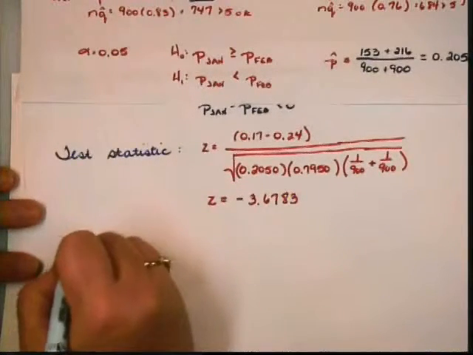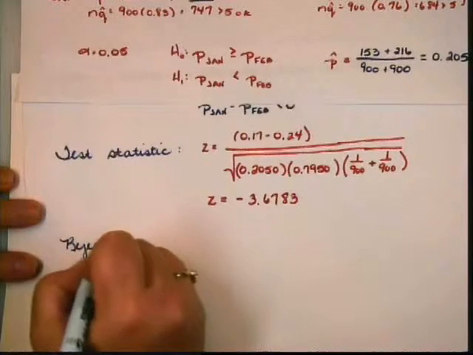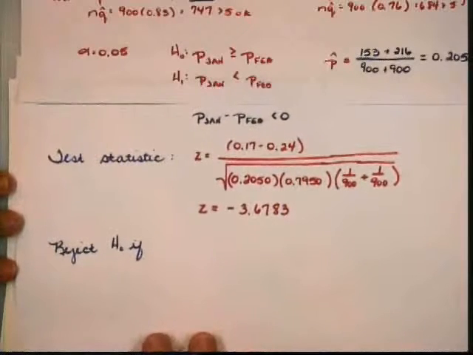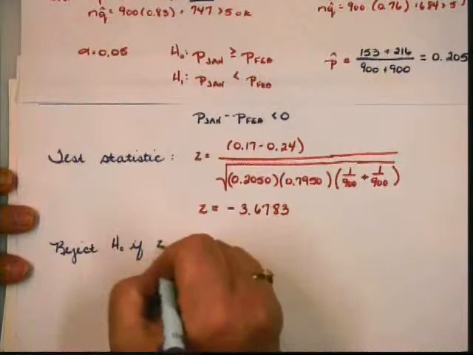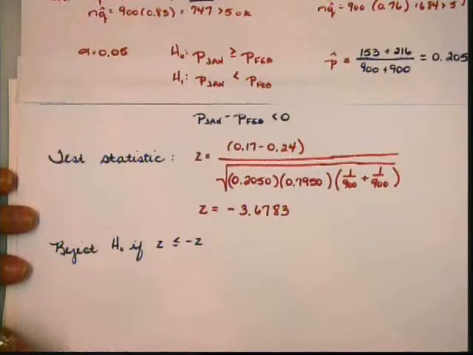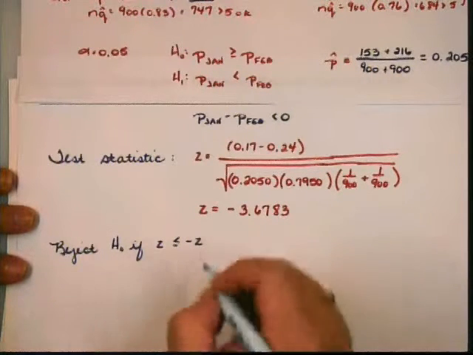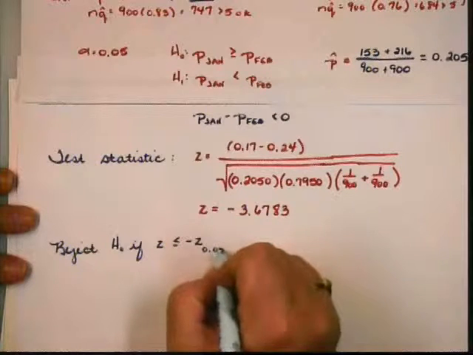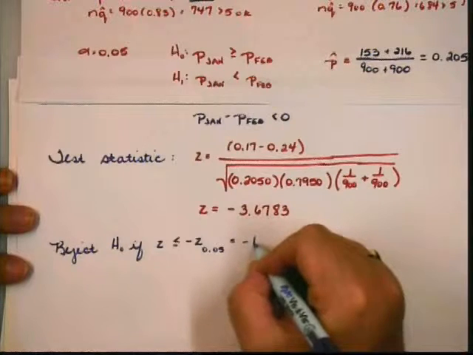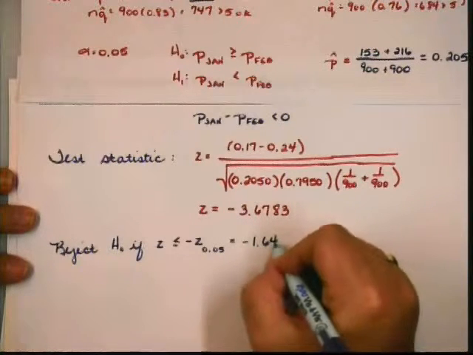All right, what's our rejection region? We're going to reject the null hypothesis if what? Left-hand test, left-hand rejection region. You're going to reject if your calculated value for z is less than or equal to negative z determined by tail area alpha, which is 0.05. So you're going to reject H naught if the test statistic is less than or equal to negative 1.645.